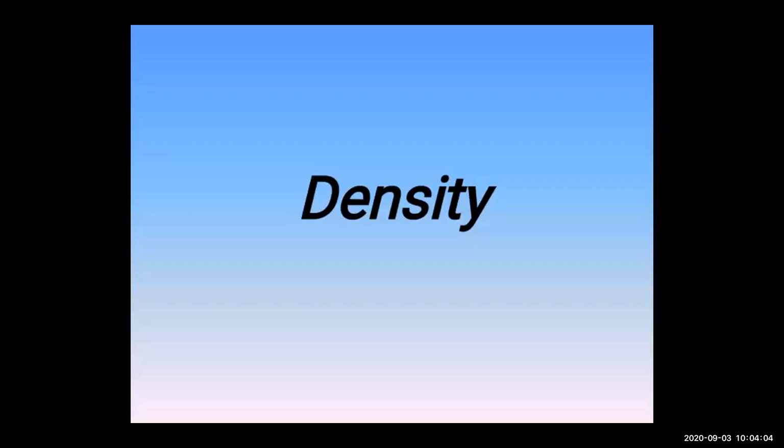In short, you can keep it in your mind that it is just used to describe how much space an object or any substance takes up. That is, in simple words, density.